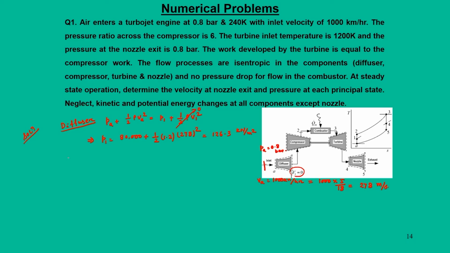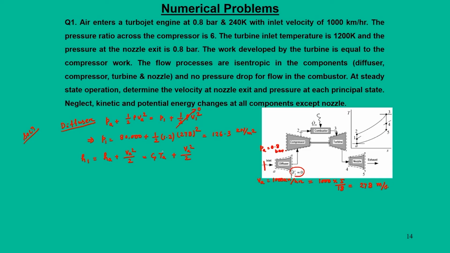Then we also expect the temperature or enthalpy as well. We can write the enthalpy equation as HA plus VA square by 2. Of course, the velocity at state 1 is 0, so V1 square is 0. The total enthalpy now becomes CP times TA plus VA square by 2.